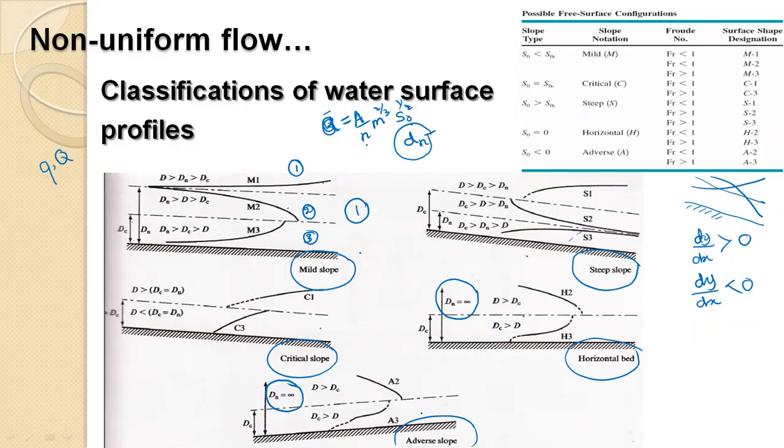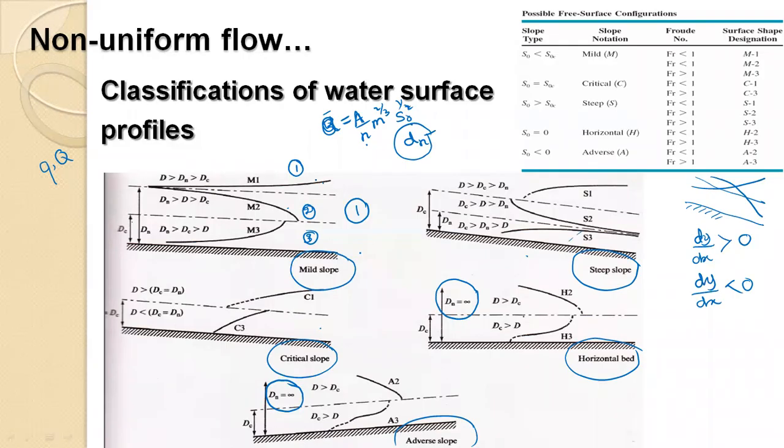So in adverse conditions or horizontal bed conditions, the uniform flow cannot be defined. The reason is that the bottom slope is 0 and then negative. If you try to use Manning's equation, S0 will get a negative or 0 quantity, which is not going to be possible for uniform flow, right? So that is why under horizontal bed and adverse slope conditions, the normal depth is not defined.